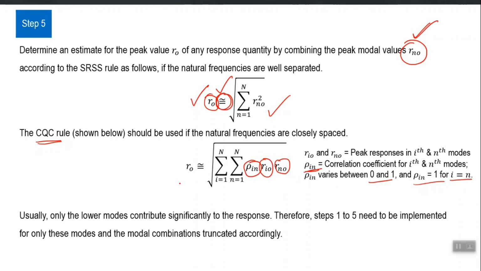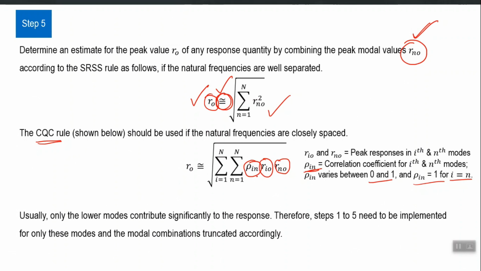I will not go into detail of how you should compute this rho_in, but the basic idea I explained: here you do not consider two different modes independent, you somehow account for their correlation also, right.